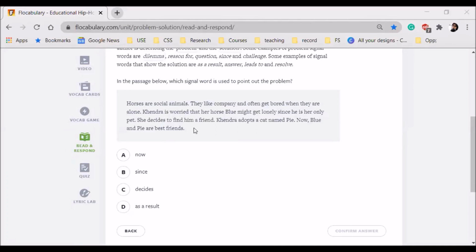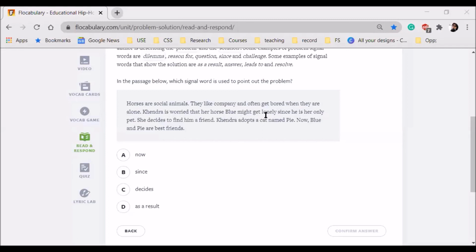If we read this passage, where does the problem start? Let's see. Horses are social animals. Up to here there is no problem. They like company and often get bored when they are alone. Again, this is a general statement; here also we don't find any problem. This is telling us about the nature of horses. Kendra is worried that her horse Blue might get lonely.